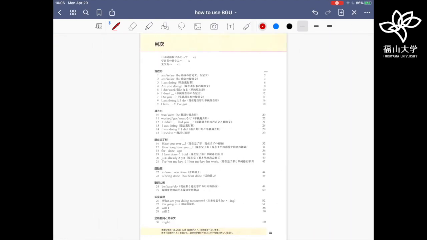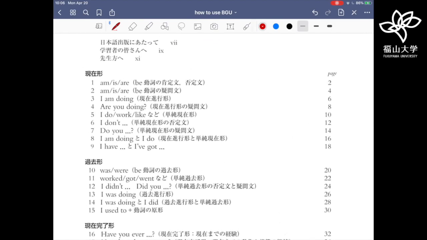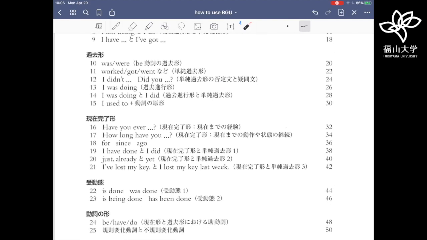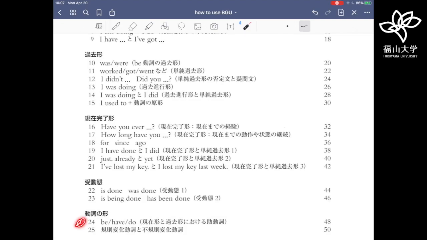So as you can see, Unit 3 is all about 現在形, the present tense. And Unit 3 is ing. It also told you to go to Unit 24. Alright, so asking you to look at the be, have, and do 現在と過去形における助動詞.